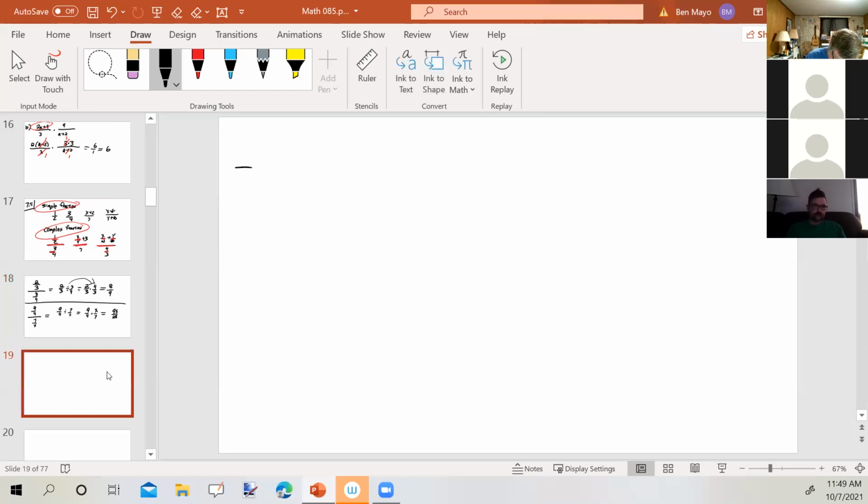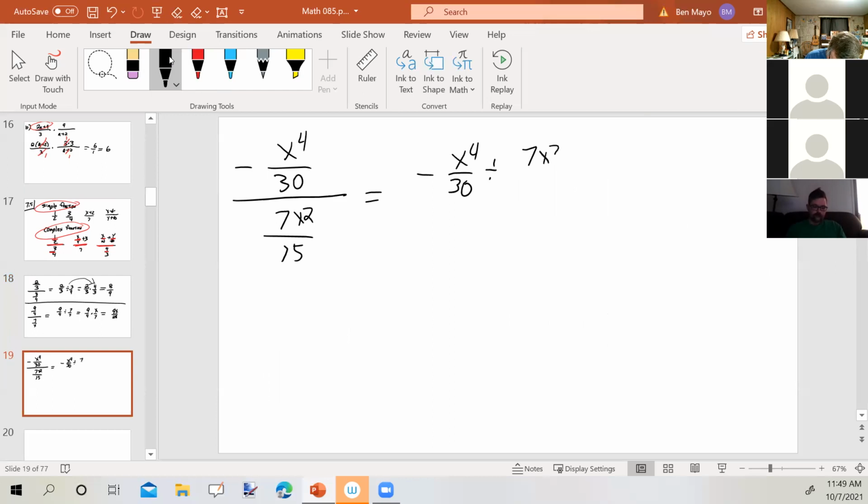Another example: negative x to the 4th over 30, all divided by 7x squared over 15. So again, I have a single fraction divided by a single fraction. So I've got that, which then becomes multiplying by the reciprocal.